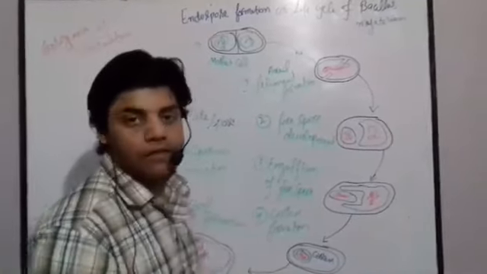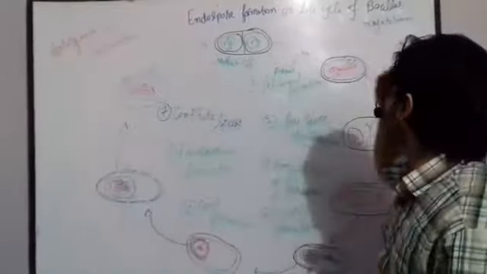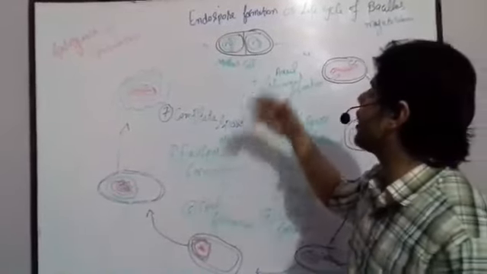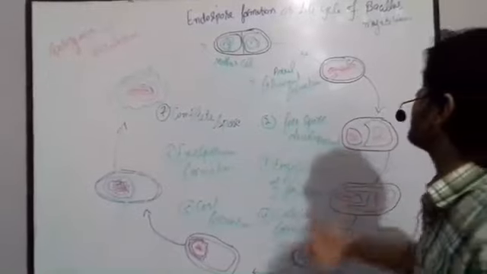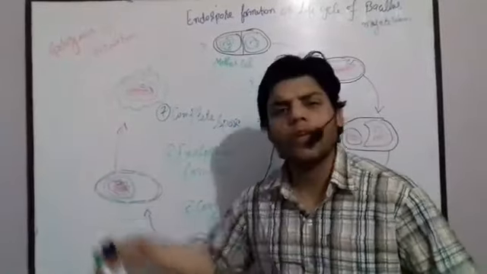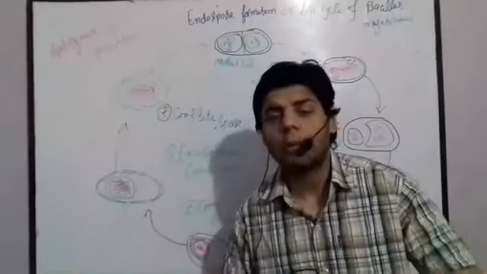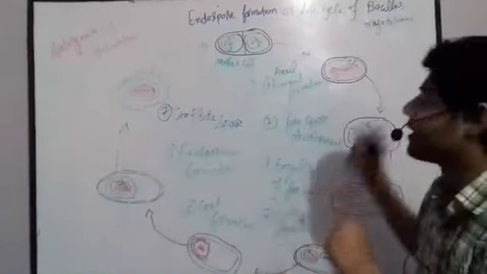That's all about the life cycle of Bacillus megaterium, the endospore formation, which we can also call sporulation or sporogenesis. That is what actually happens inside this Bacillus megaterium.